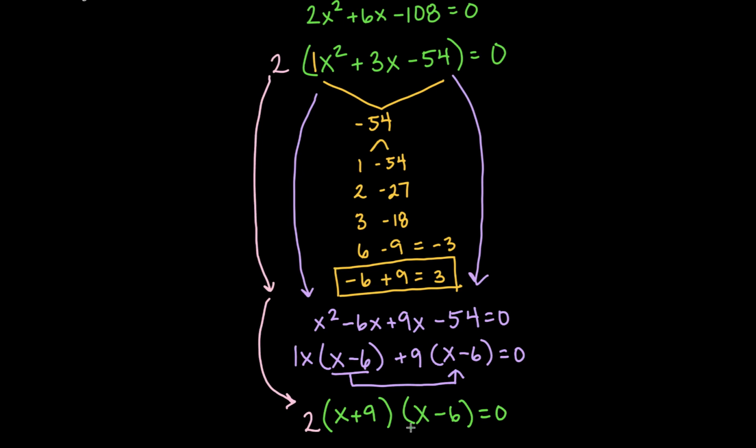So I still don't know what x is, but I just have to make them equal to 0. I'm going to do the plus 9 first, and x minus 6 equals 0.